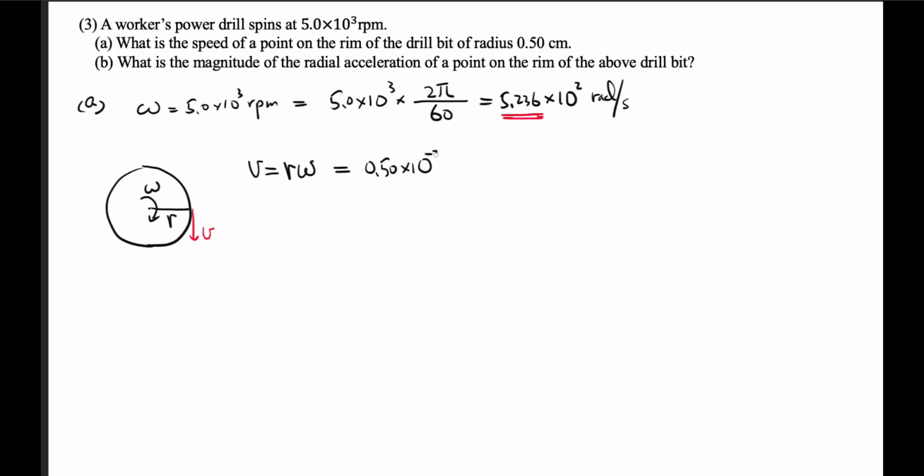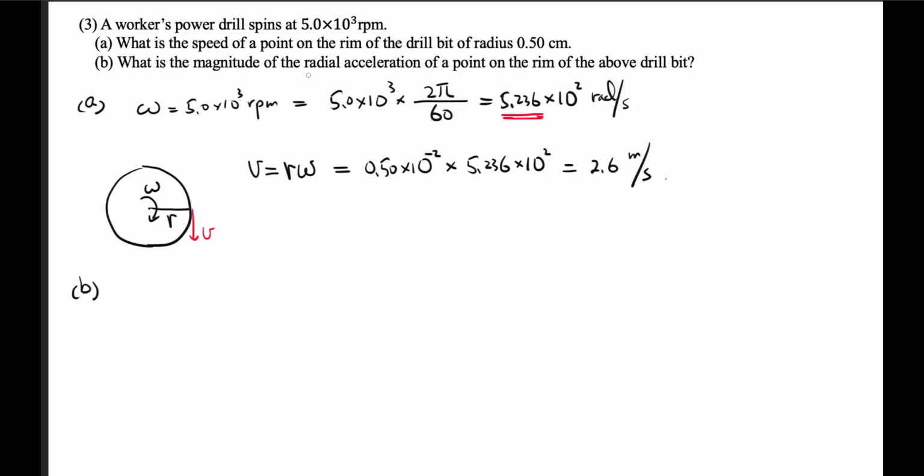So let's convert that into SI unit in meters. Multiply this number that we just calculated. Okay, now the final answer here should be in SI unit, and it turns out to be 2.6 meters per second.